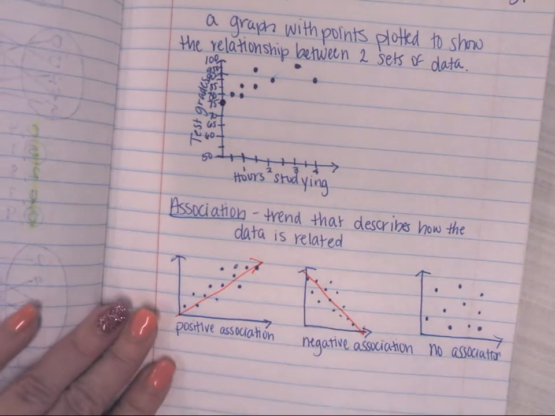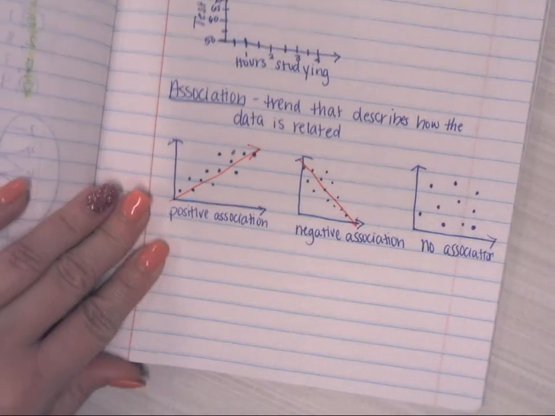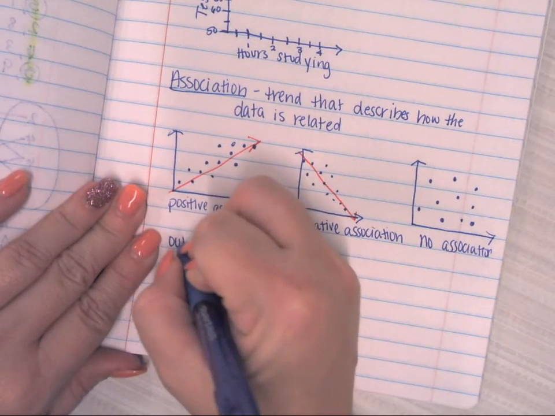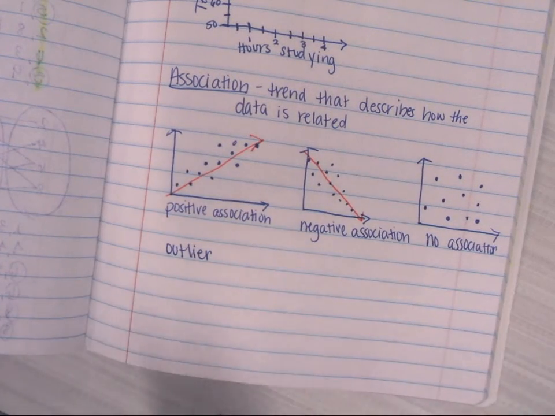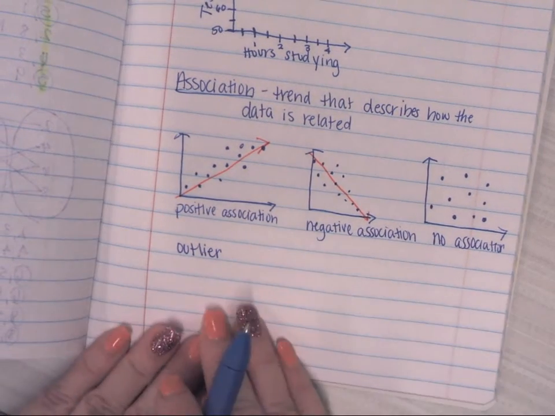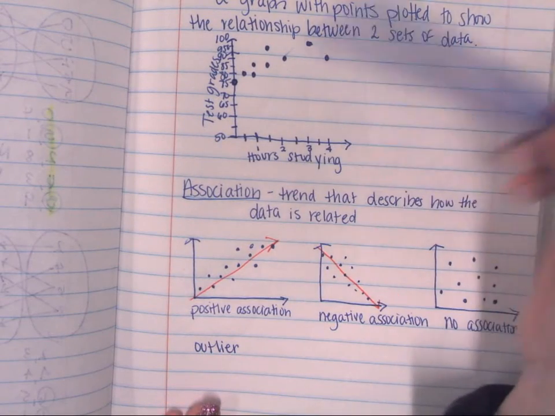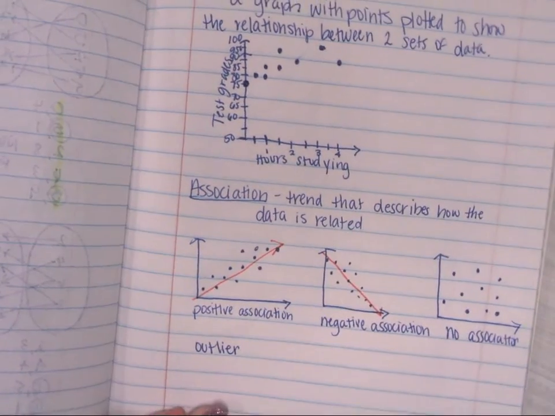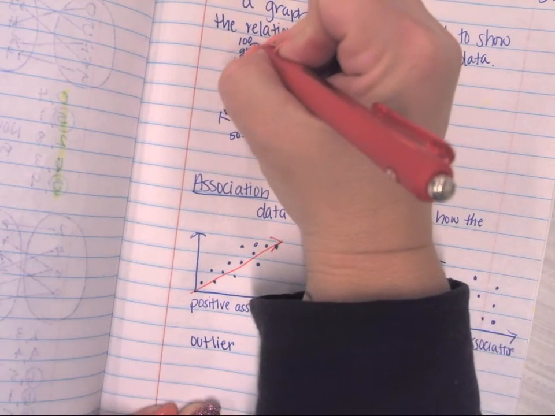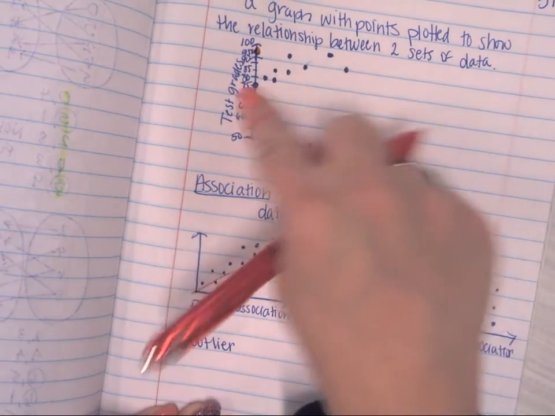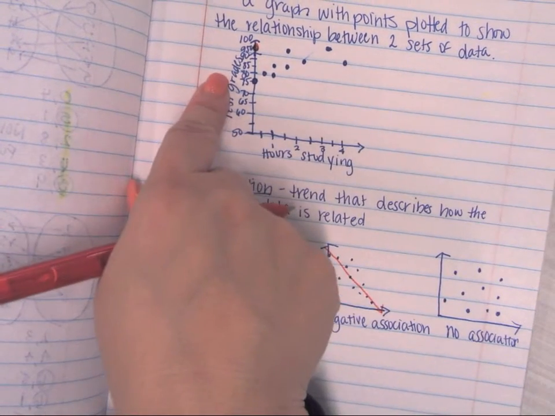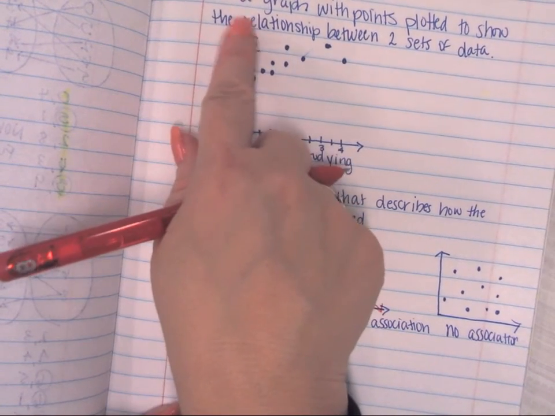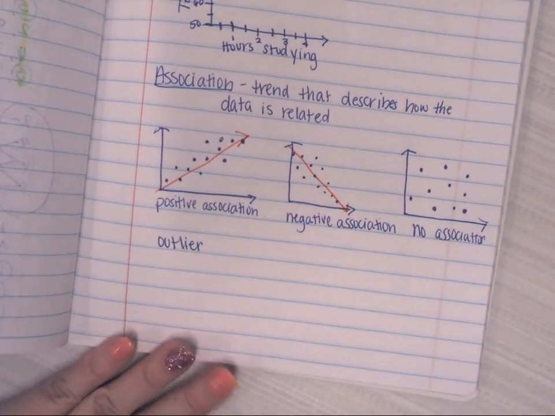Now let's talk about what an outlier is. An outlier is going to be, let's say you have an outlier up here, somebody who doesn't study at all and makes 100. Okay? If I have somebody up here who doesn't study at all and makes 100, that doesn't really go with the trend, right? The trend is that the more hours you study, the higher your grade is going to be. So that's just a rare occasion. It's a fluke, okay?